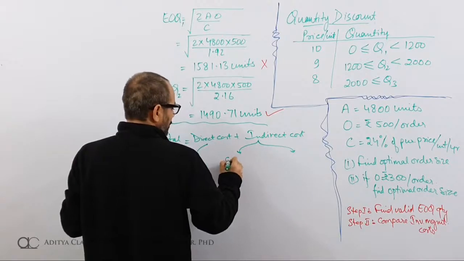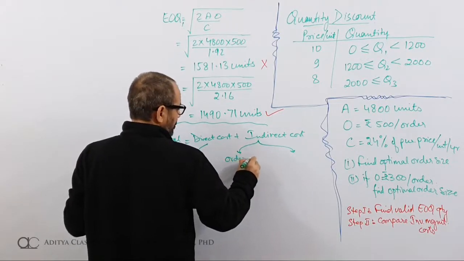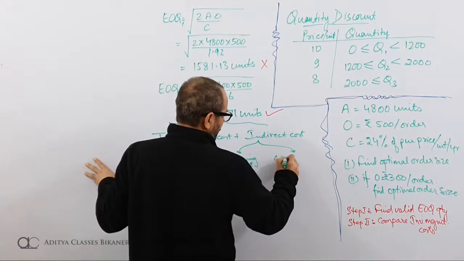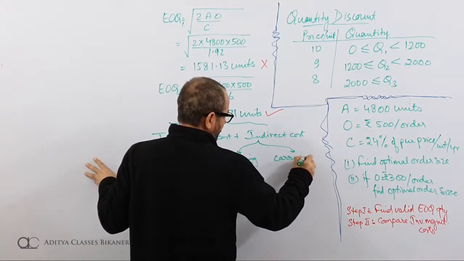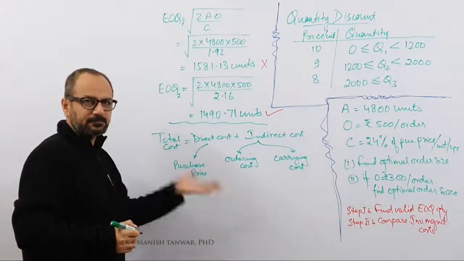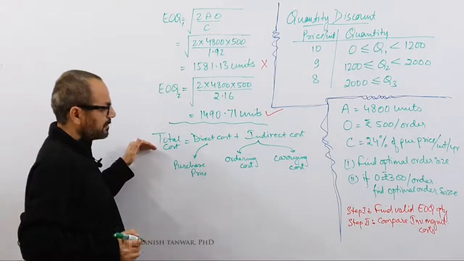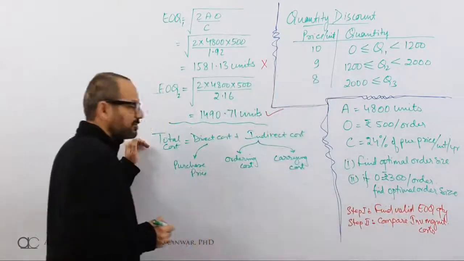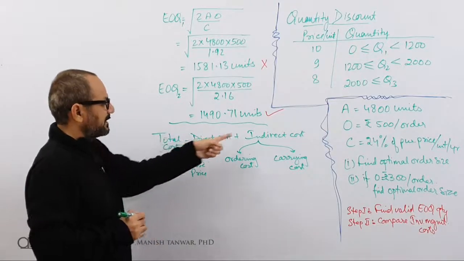We have ordering cost and carrying cost. Fine. So now compare inventory management costs. So this is my total inventory management cost, which consists of direct and indirect.